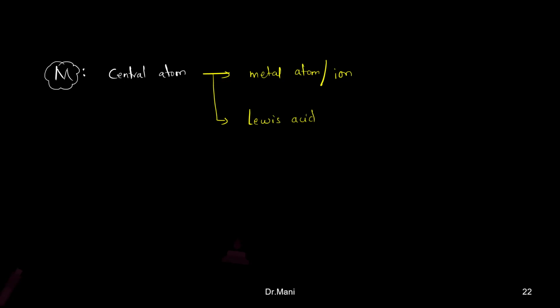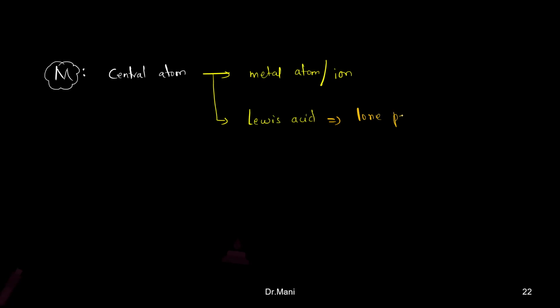No. Just simply say what a Lewis acid is. Suppose you say a cation is a positively charged ion got by losing electrons, and an anion is a negatively charged ion got by gaining electrons. So like that, what is a Lewis acid? Okay, no problem. Just remember, a Lewis acid is a lone pair acceptor.